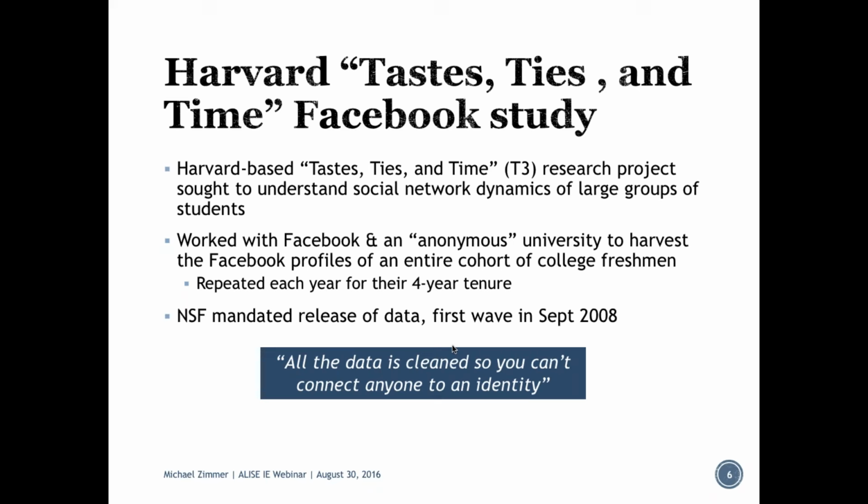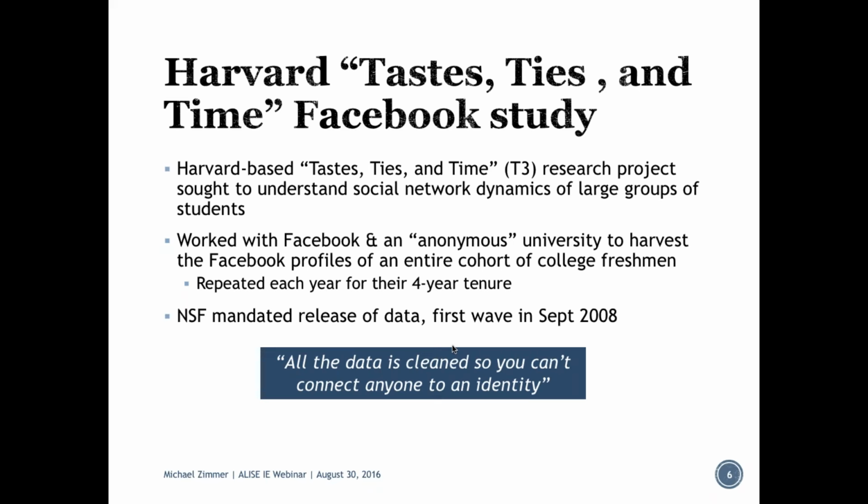The university cooperated with them, gave them a list of all the students, and they started scraping all their data, and did that every year as this cohort went through their college career. This was an NSF-funded research project, and as you heard, it's increasingly required that you release your data. So they started to release their data in September 2008 with the promise that all this data has been cleaned so you can't connect anyone to an identity.